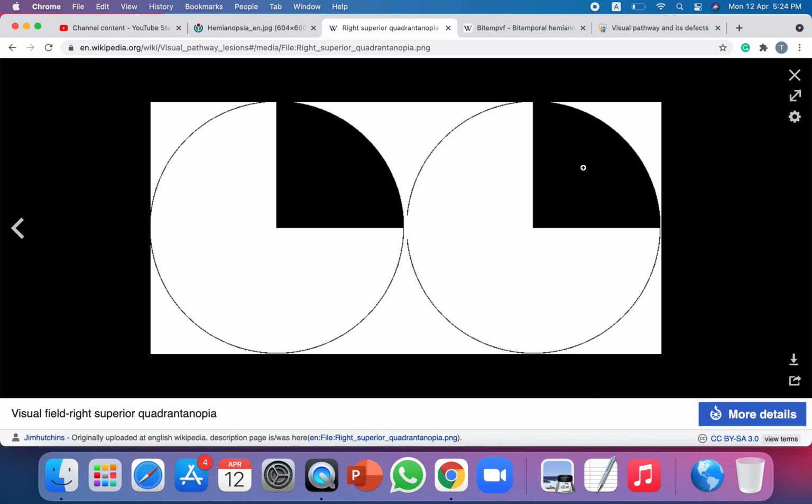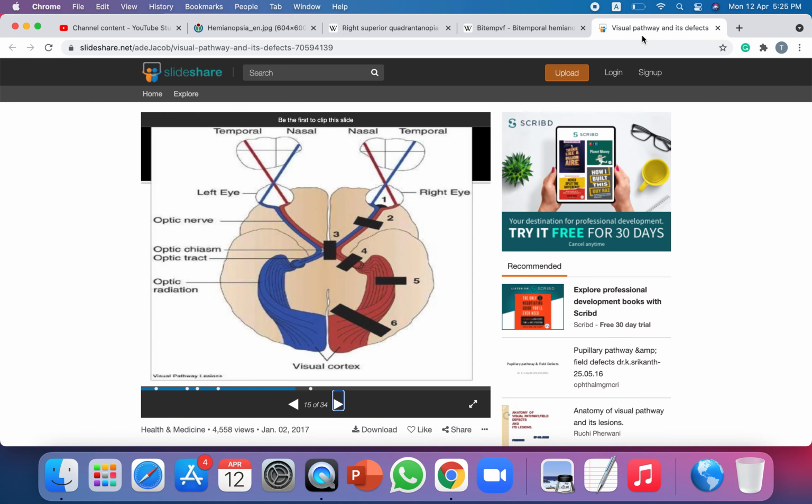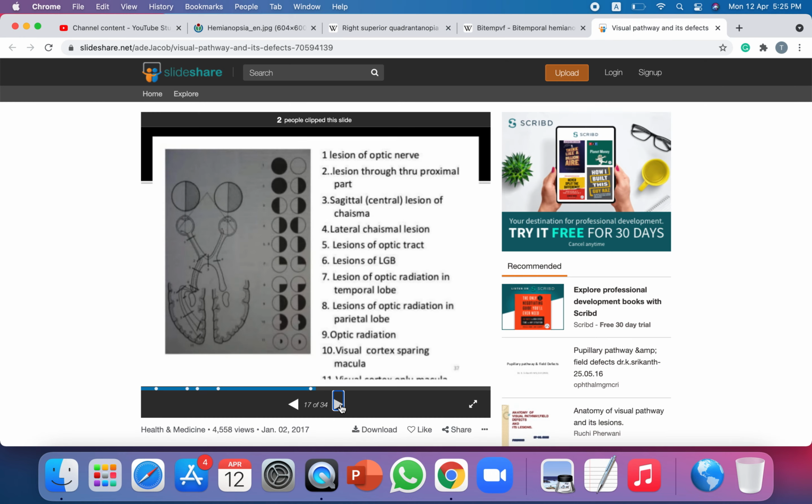Temporal field represents the nasal fibers of the left eye. So here the lesion is in the left sided temporal radiation, because temporal fibers represent the upper part of the optic radiation. So it is left temporal optic radiation damage. Okay, so up to this much I hope is clear for you.